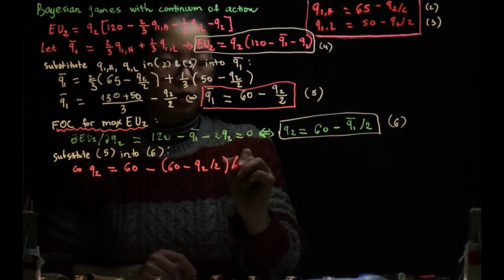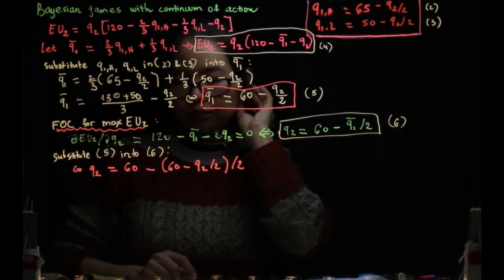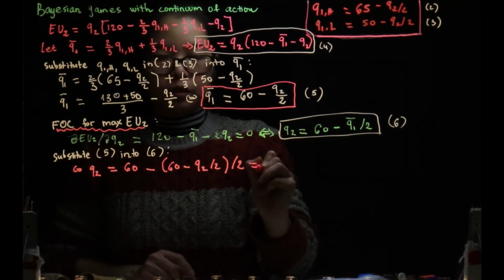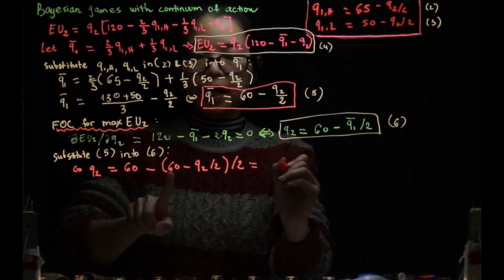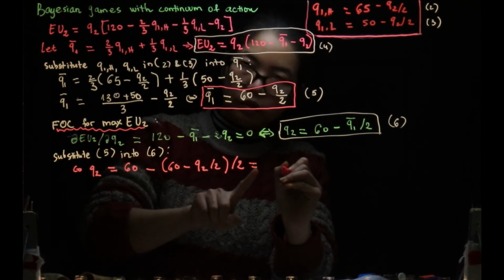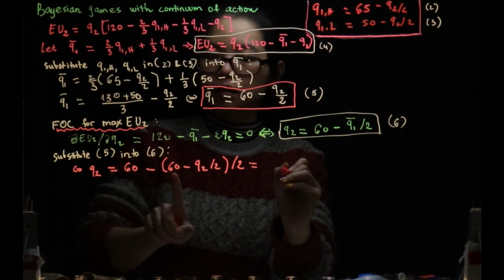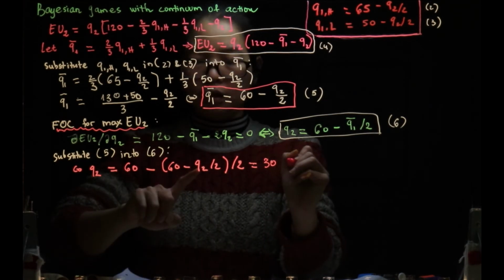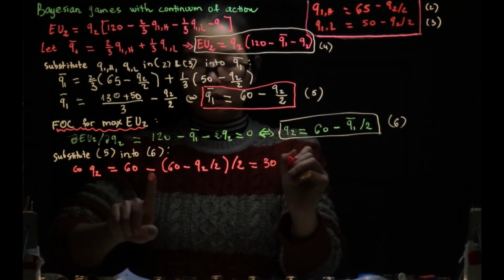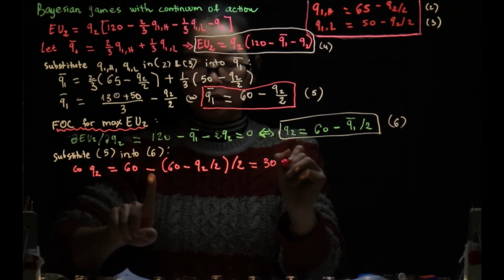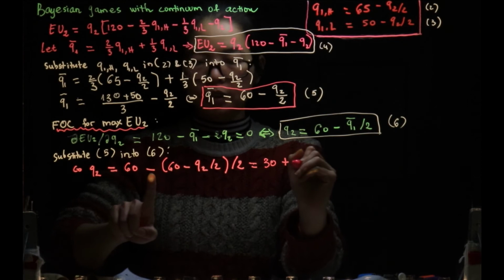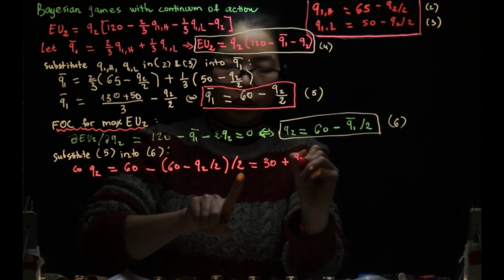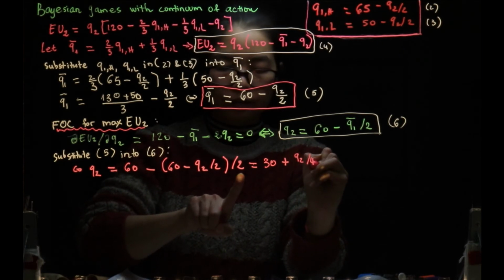And everything divided by 2 again. Okay? Equals 60 minus 60 divided by 2 is 30, right? So 60 minus 30 is 30. Minus times minus, meaning plus, right? Q2 over 2 and divide by another 2, so Q2 over 4.